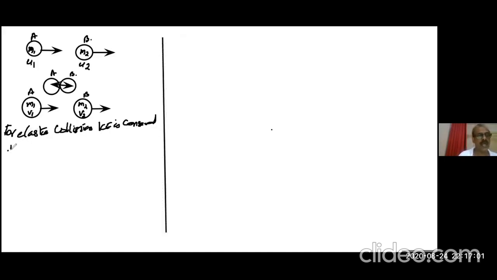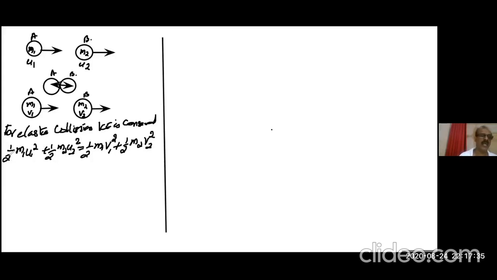Now write, what is the law of conservation of kinetic energy? Total kinetic energy before collision, half m1 u1 squared plus half m2 u2 squared, is equal to half m1 v1 squared plus half m2 v2 squared. Here half will cancel out.